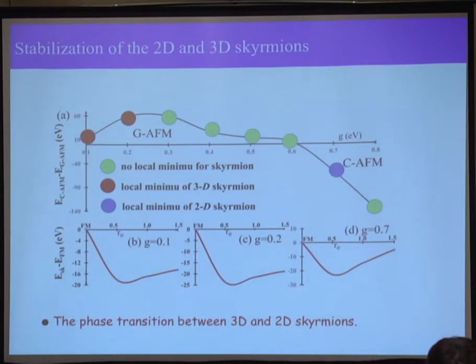So that's the real space calculation result, and essentially we want to mention the stabilization of the spin texture in real space. Especially if you first look at the energy difference between the C type of FM and the G type of FM, I remind you the C type FM is for the magnetic silicide situation, and the G type is for the magnetic germanium situation. You can see that for the large G, which means the interaction on the G electron of the magnet in the silicide compound is relatively bigger.